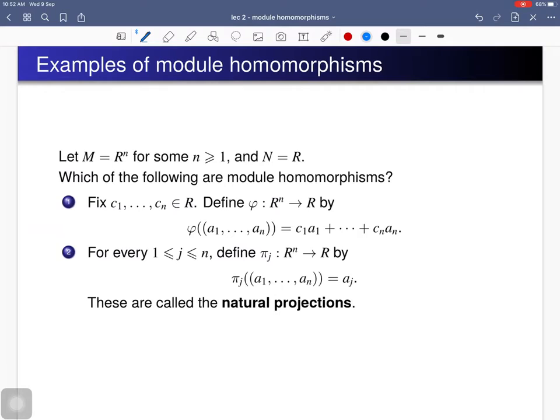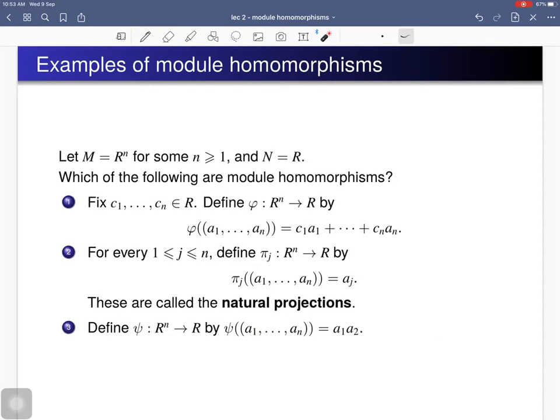In particular, if you define pi j, that is just the projection on the jth component, mapping the n-tuple to its jth component, then this is just the natural projection map, and directly we can verify that this is also an R module homomorphism.